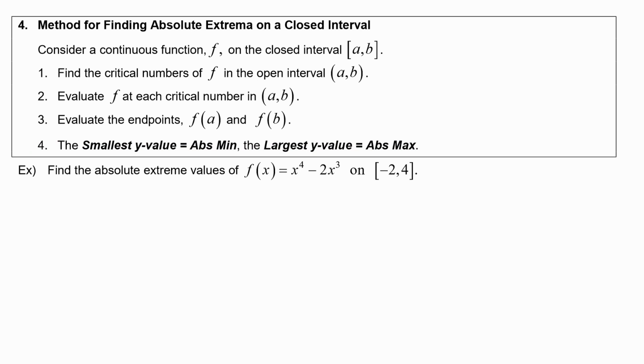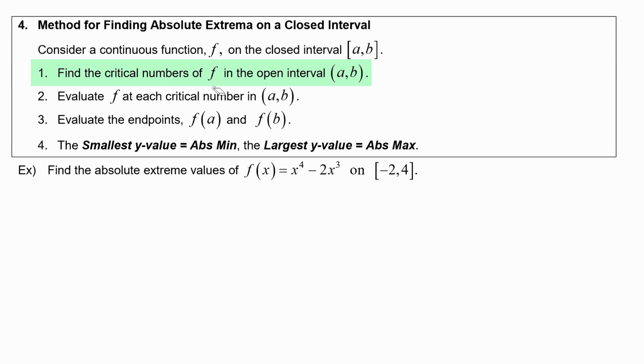Let's work through this example where you have to find the absolute extreme values of f of x equals x to the fourth minus 2x cubed on the interval from -2 to 4. So step 1 tells us to find the critical numbers of f in the open interval, in our case, from -2 to 4.